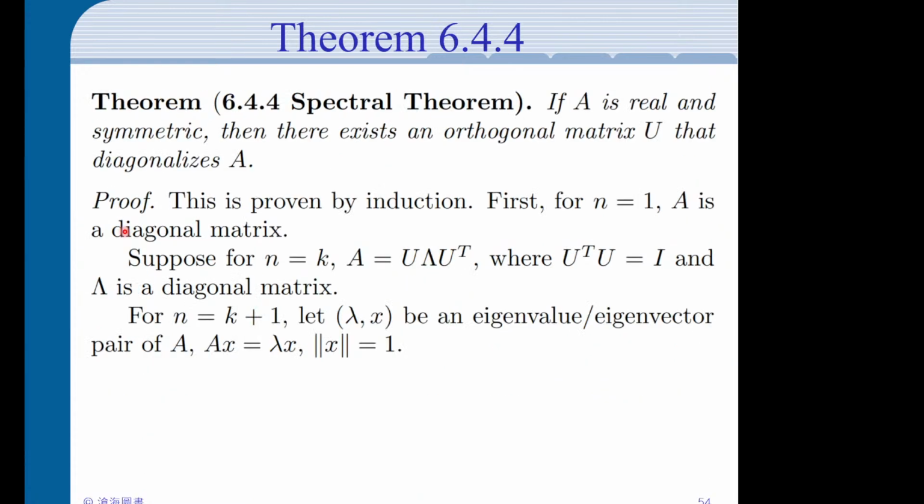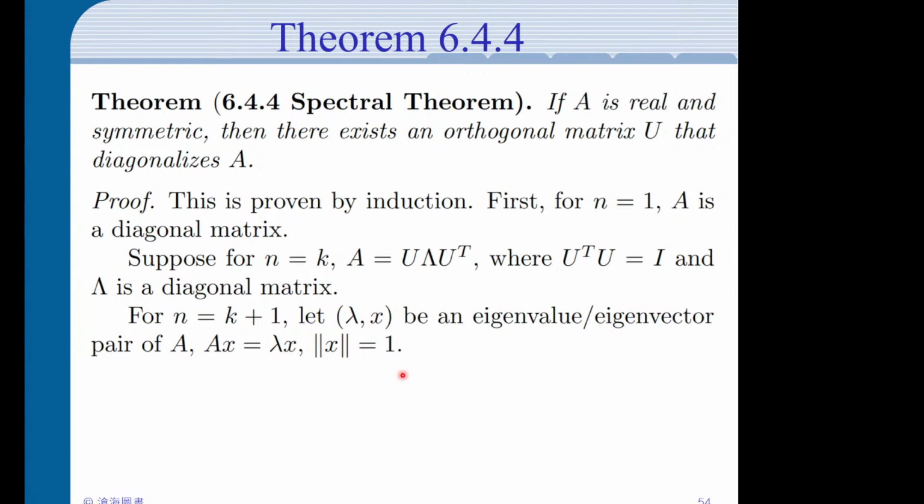The idea is inductive. We try to make our matrices smaller and smaller by finding an eigenvector and thinking about the rest of the space. By induction, if n equals 1, then obviously A is a diagonal matrix.